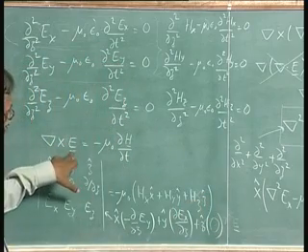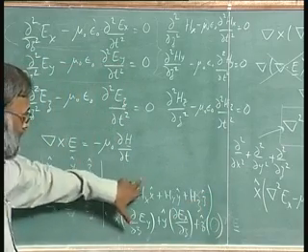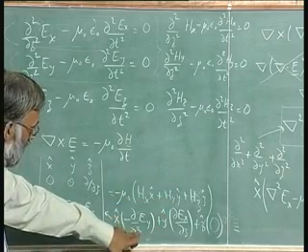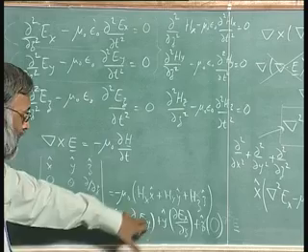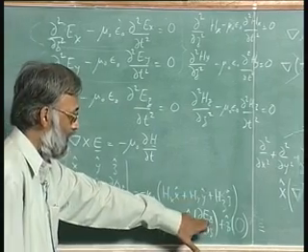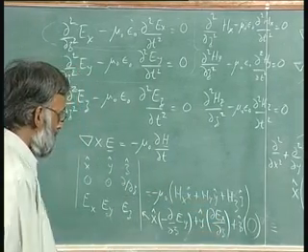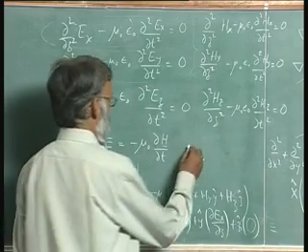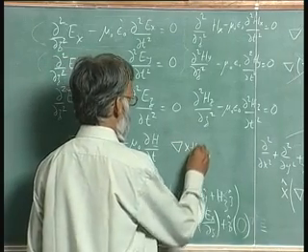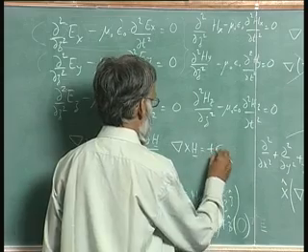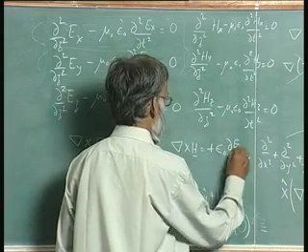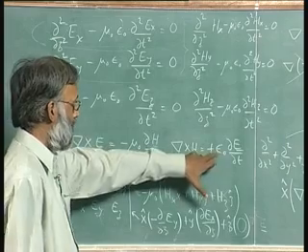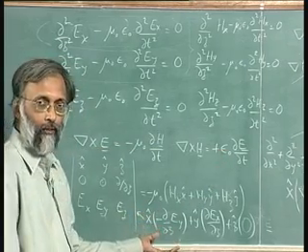The curl of E is linked to h x and h y, and how is it linked? H x is connected to del del z of E y, h y is connected to del del z of E x. Now, we can write the same equation for Ampere's law, except for a change in sign and this epsilon naught, it is the identical equation.